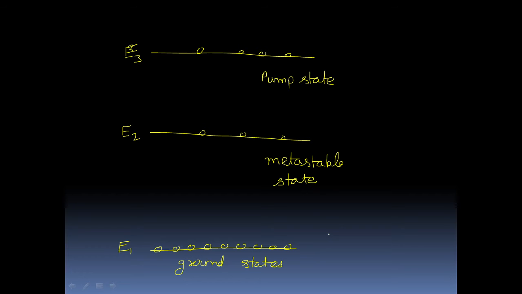So the population inversion is achieved in these two states, 1 and 2, and these two states act as lasing levels. This is the lower lasing level in which laser action takes place, and this is the upper lasing level.